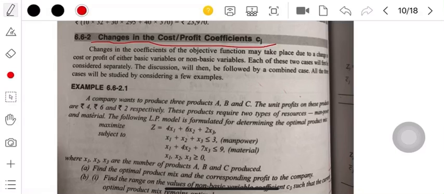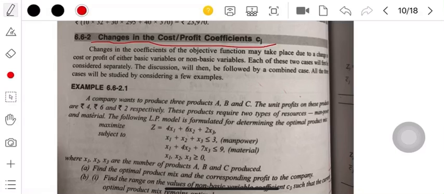Again, we will check whether the solution remains feasible. If it is feasible, then it is feasible and optimal. If it is optimal but infeasible, then we have to use dual simplex.